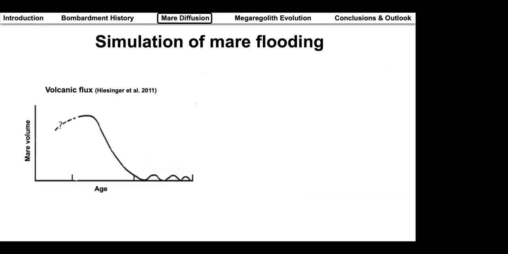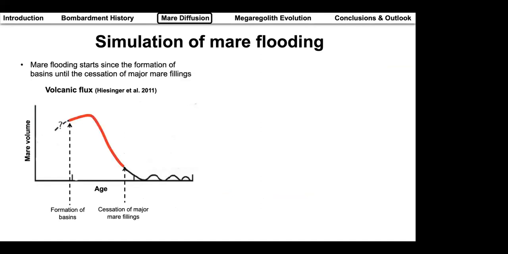Another two key parameters are, first, the volcanic flux, how intensive it was at past times and on the present day. In these simulations, we assume that impact cratering and Mare flooding start with the formation of the basins and stop after the flooding of the major Mare regions.